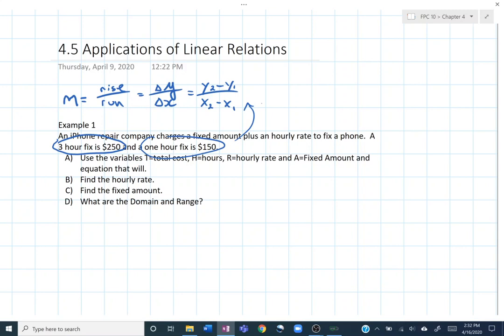Part A says use the variables T for total cost, H for hours, R for hourly rate, and A for the fixed amount, and write an equation that will predict the cost of fixing a phone.